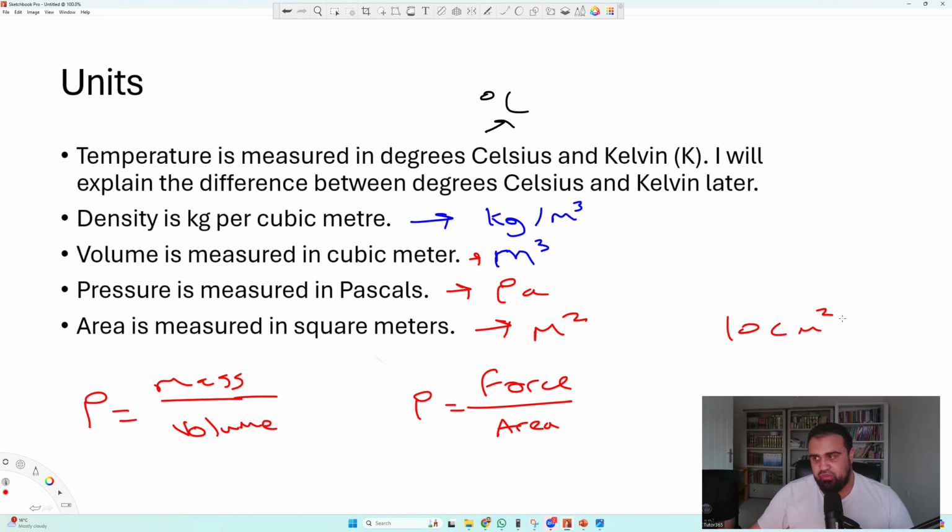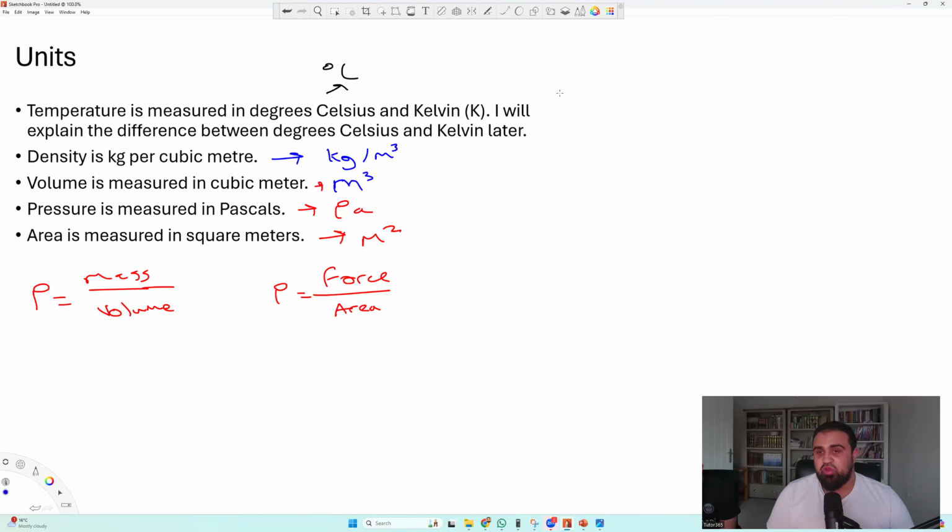Okay? What I mean by converting is, look, you need to concentrate here now, okay? Suppose your question, sorry, please concentrate here. 1 meter is equal to 100 centimeters, right? 1 meter squared is equal to 100 squared, because look, you have to square both sides.